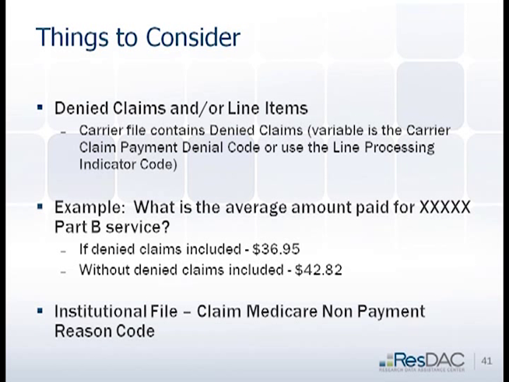Now, overall, when you're analyzing the claims data, there are a lot of things to consider. You do find denied claims and denied line items, and that can really impact things if you're trying to calculate the average cost of a particular service.